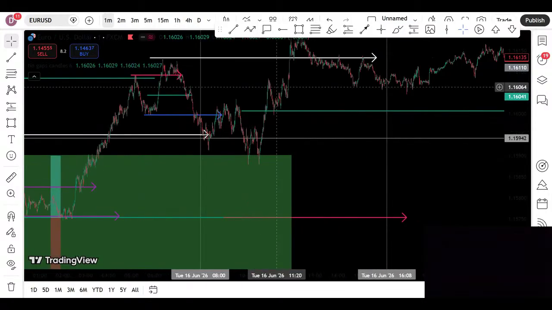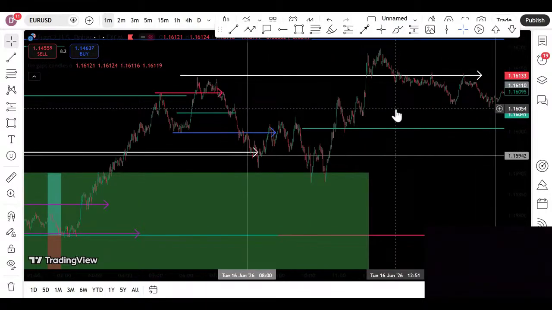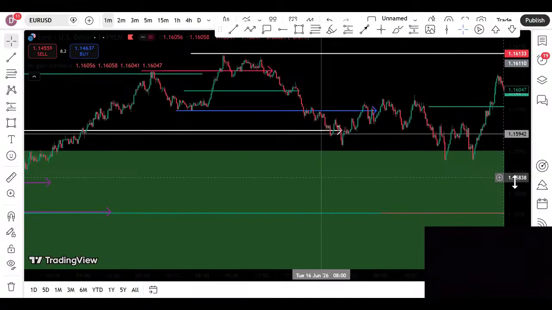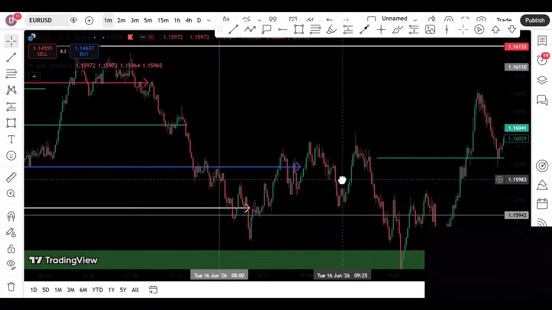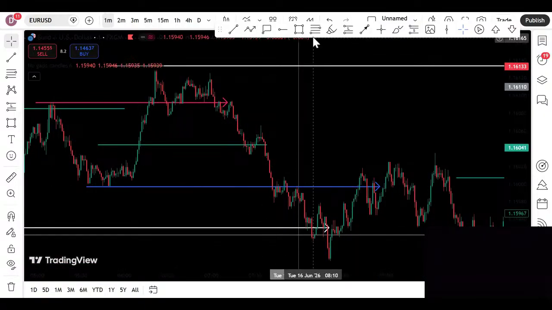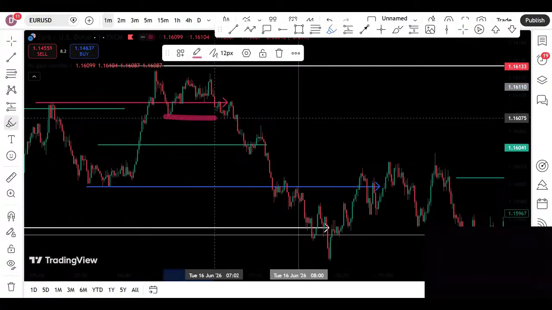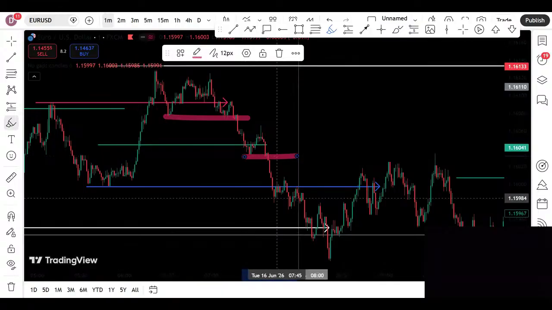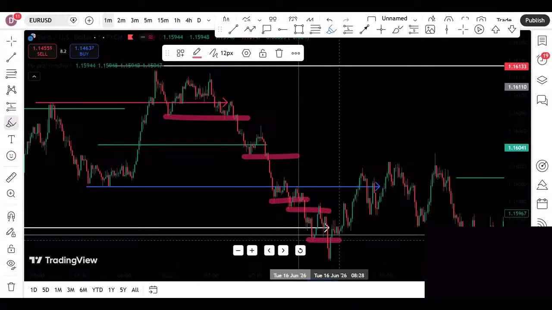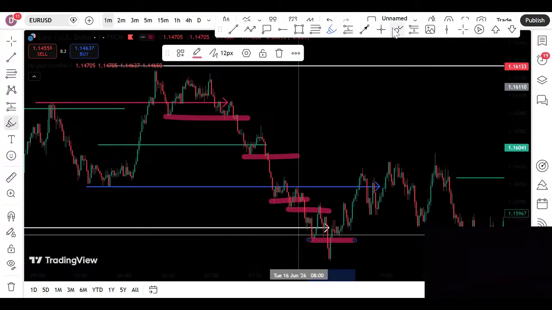What do you see here? You see price. So from 8 a.m. we see price coming down steadily. First swing, second swing, third swing, fourth swing, fifth swing. And what do we see?